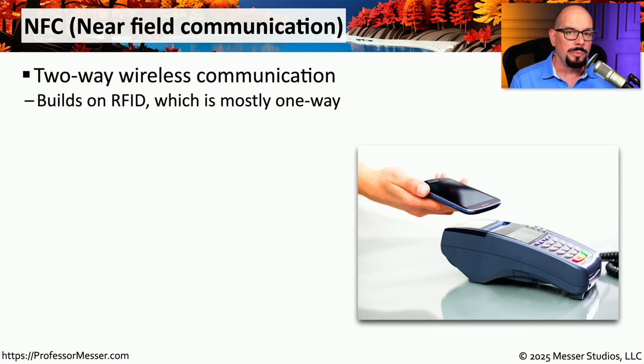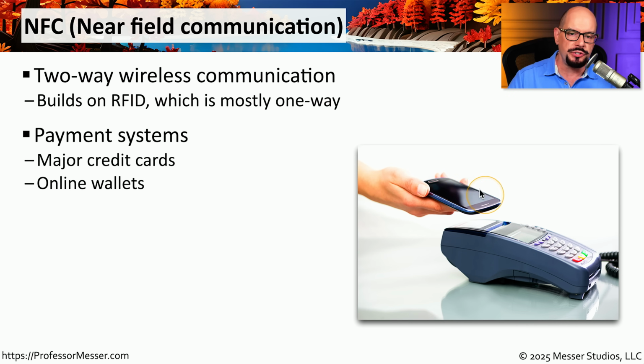And many of our mobile devices these days have another style of wireless technology known as NFC, or Near Field Communication. NFC builds on the technology of RFID, which is generally a one-way communication, and extends that to have two-way communication to your NFC devices. One popular use of NFC is to use your phone or your smartwatch to pay for products at a point-of-sale terminal.